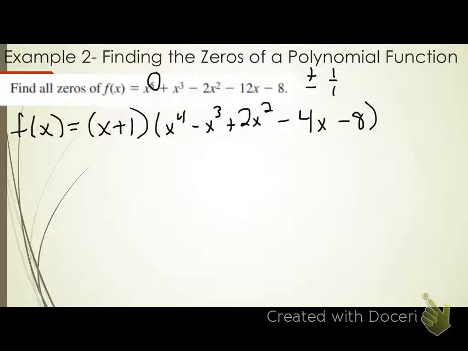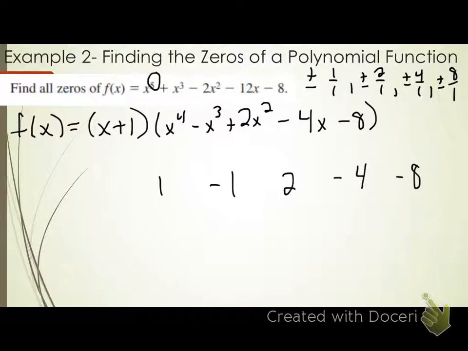Plus or minus 1 over 1, plus or minus 2 over 1, 4 over 1, 8 over 1. Now I have my new coefficients: 1, negative 1, 2, negative 4, negative 8. Let's just start testing again.